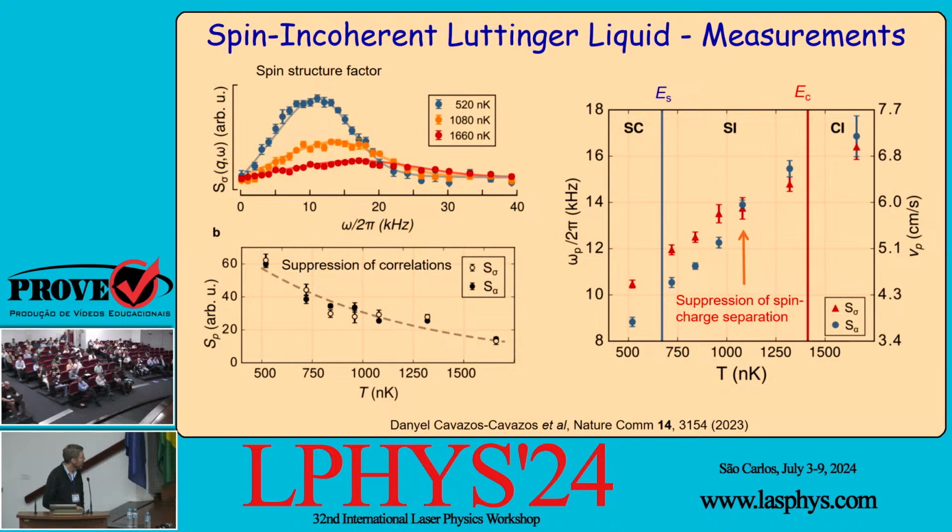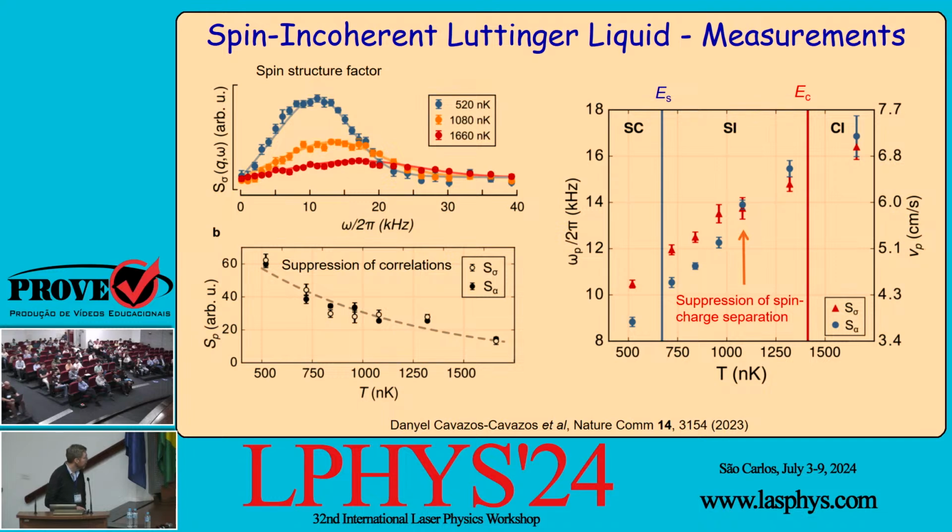So this is the data where primarily look at this plot. This is the speeds of the spin in blue and the charge in red.